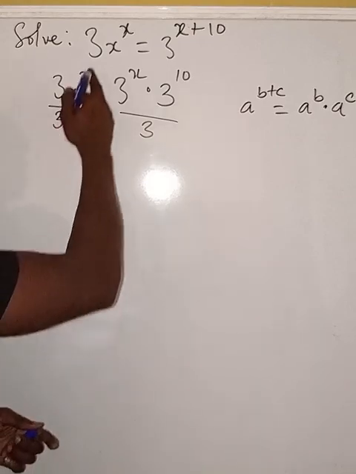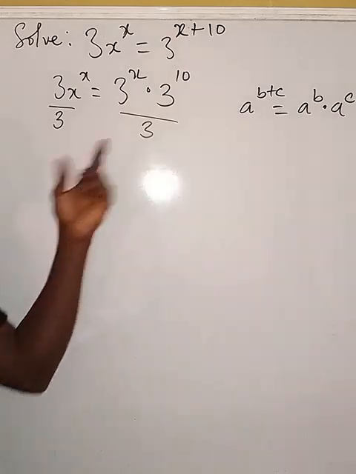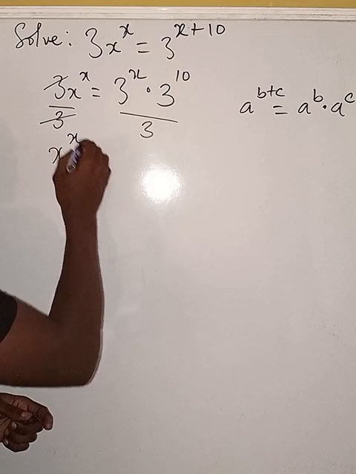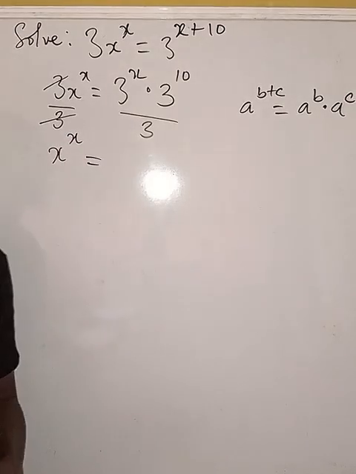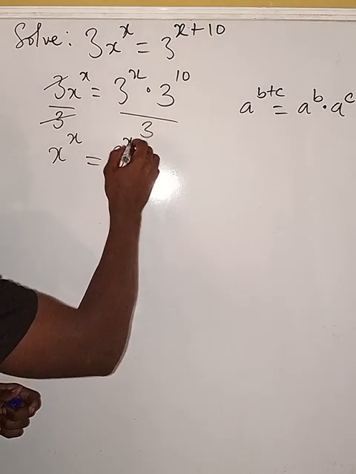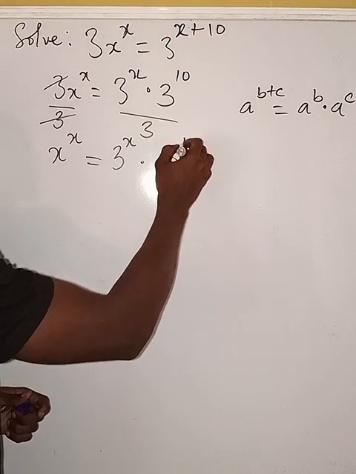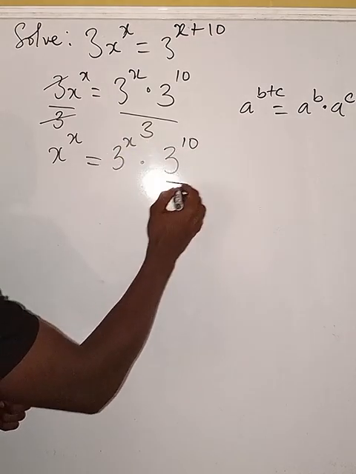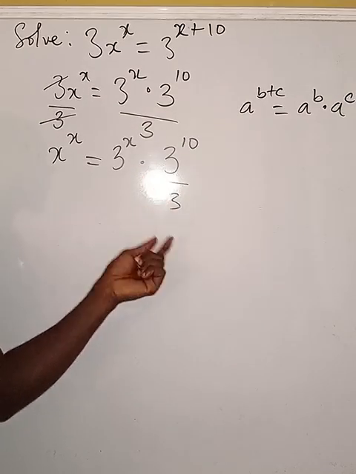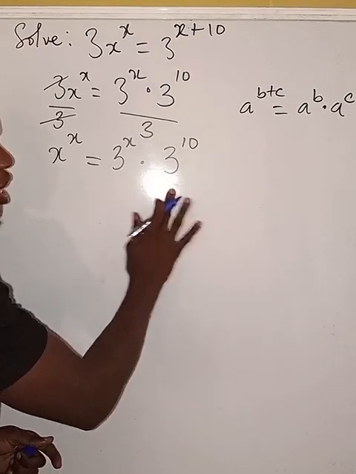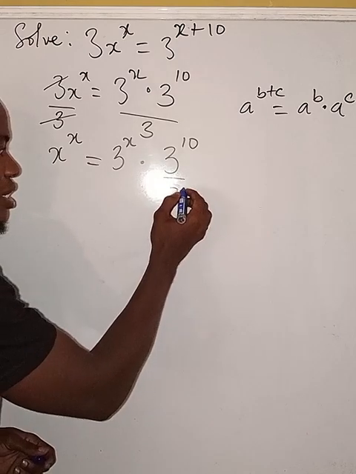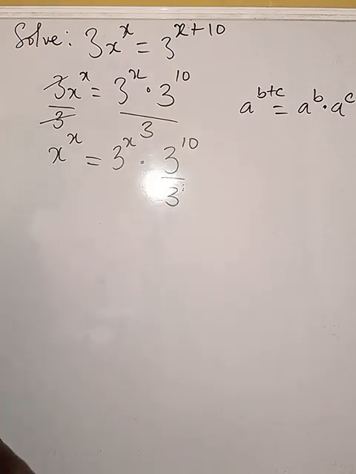By dividing both sides by 3, we cancel this, and we're going to have x to the power of x equals 3 to the power of x, then this 3 to the power of 10 should come under this 3. It doesn't change anything because this is multiplication, right? Don't forget that this 3 is having power 1 ordinarily.